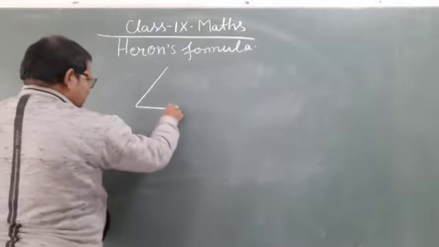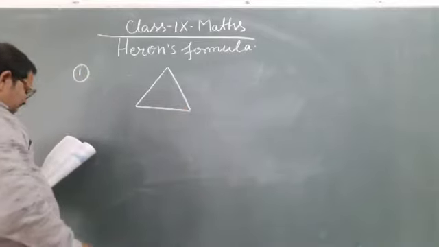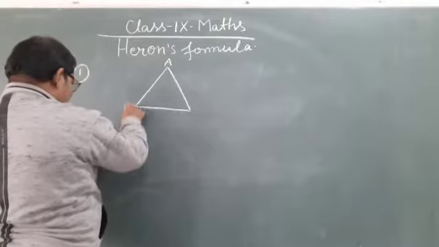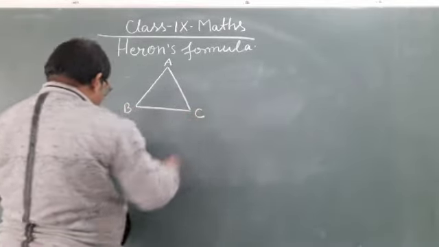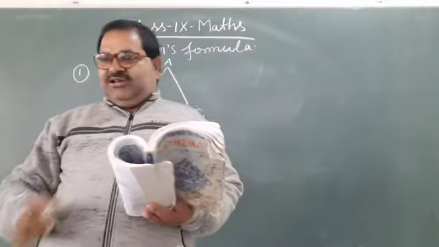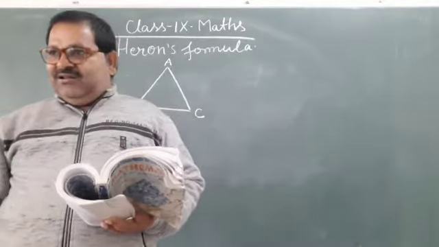The traffic signal has denoted a school ahead. The shape of the signal is equilateral. I think you know about the equilateral triangle. All the sides are equal.